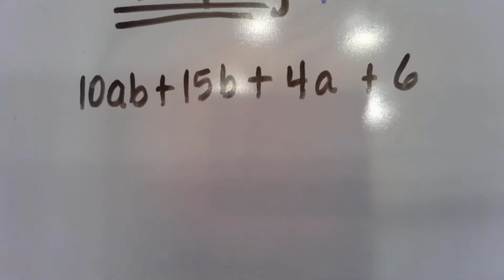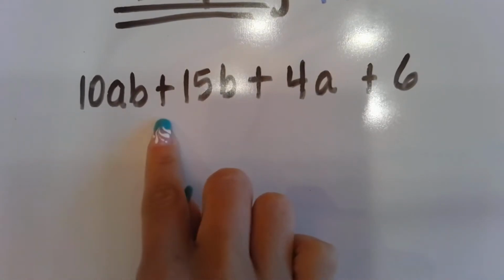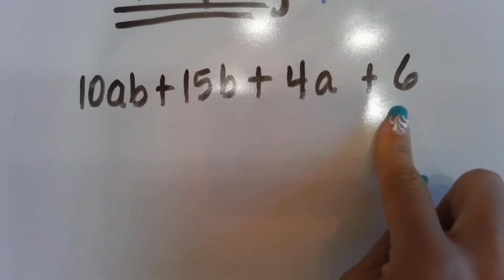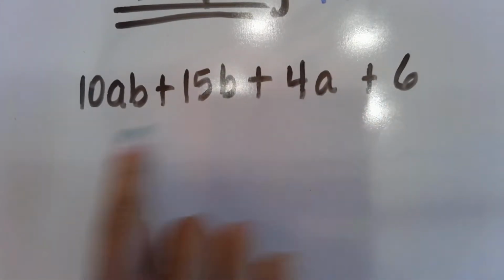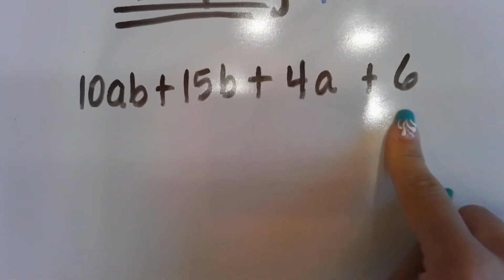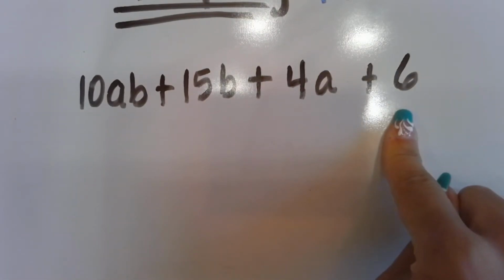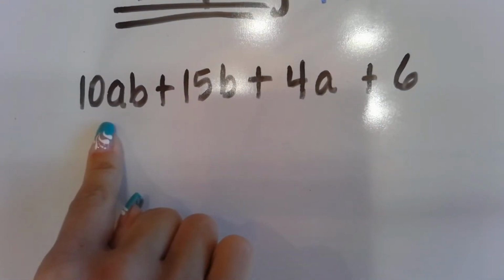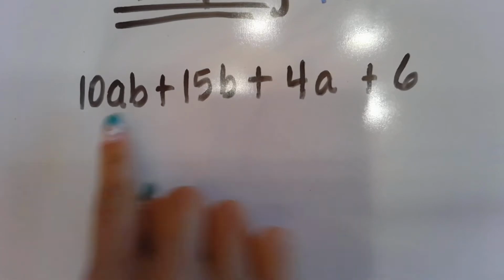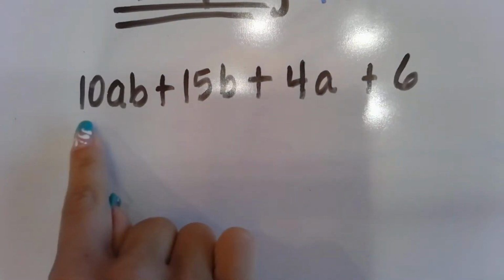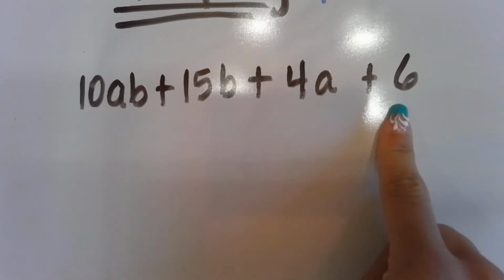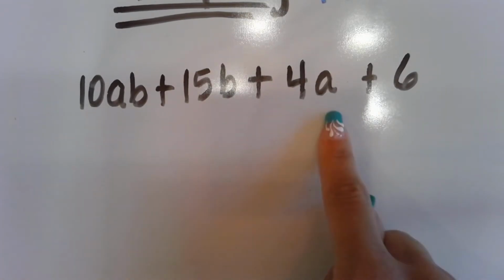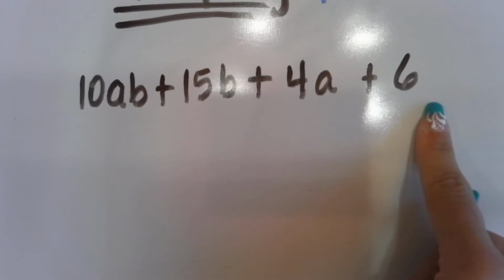For our first example, we have 10ab plus 15b plus 4a plus 6. Now, we have 4 different terms here. The first thing I want to do is look for a GCF, or a greatest common factor. I want to see if the coefficients can be divisible by the same number, or if they all have the same variables attached to them.